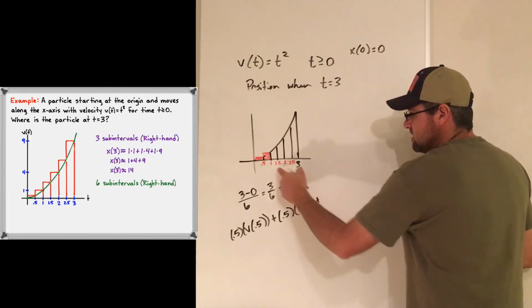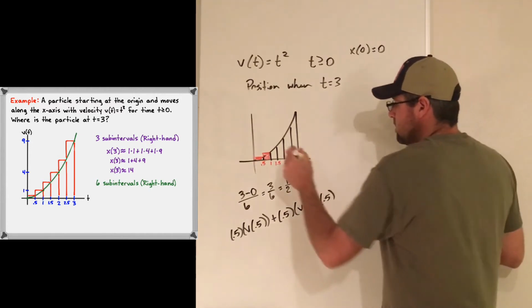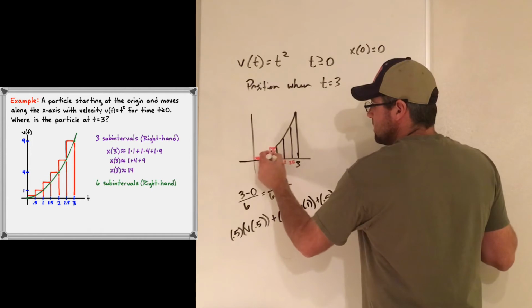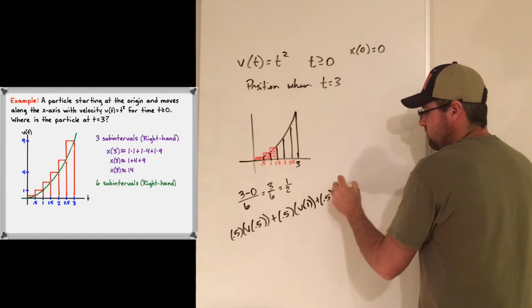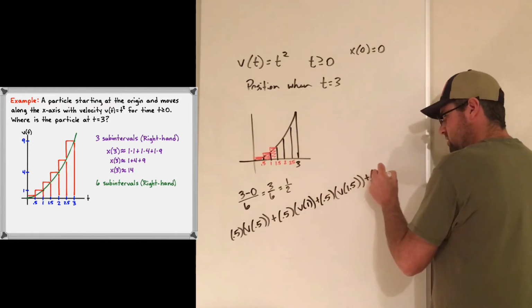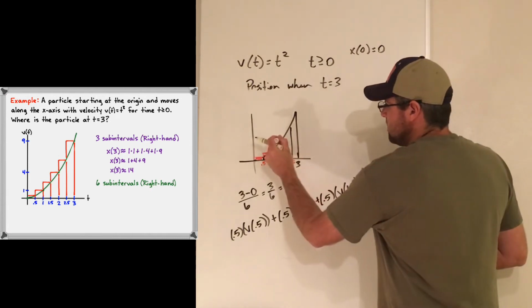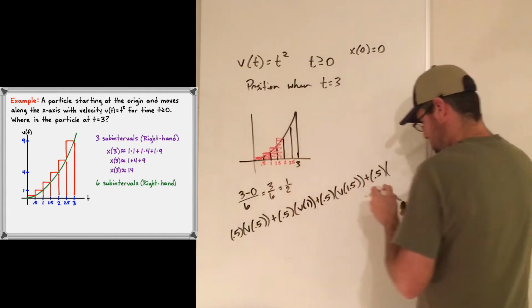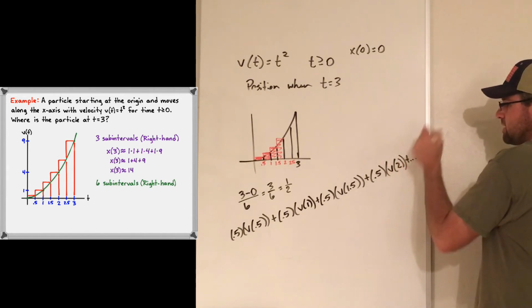And then the third one is going to be 0.5 times the 1 on the right, between 1 and 1.5, that would be 1.5, so it would be v of 1.5, plus 0.5 again, because they're all 0.5 in our case, times, the next one is going to be v of 2, plus dot, dot, dot.